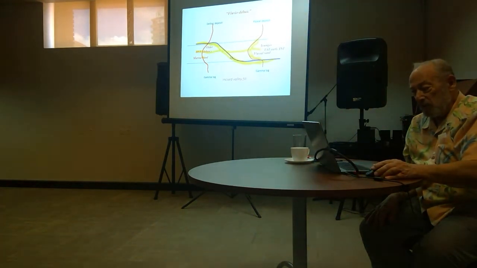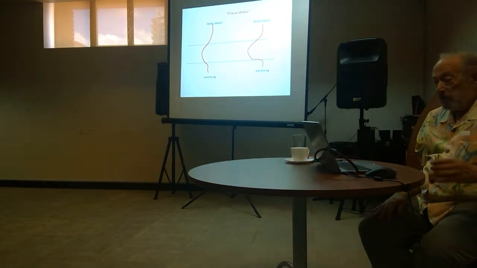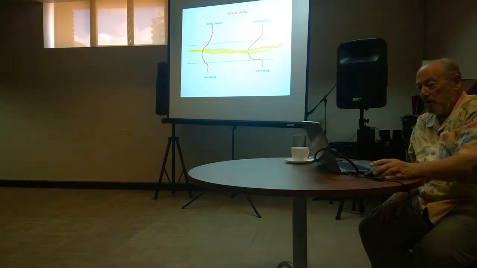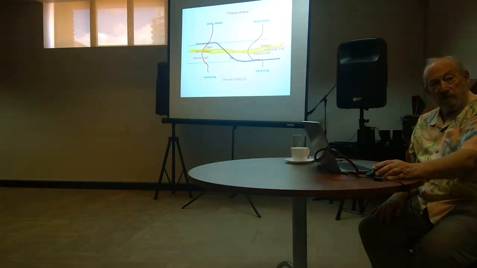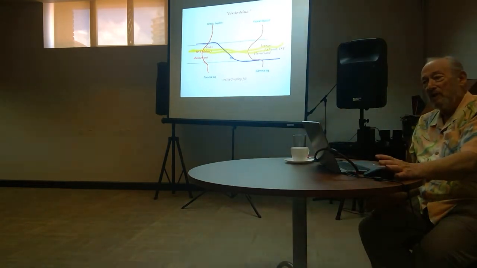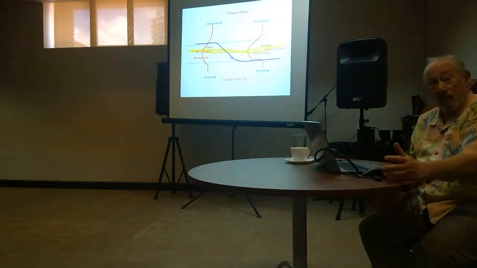Now, if you went back to this old interpretation, you'd say, well, the sands are continuous, so we get good connectivity across here. By this interpretation, you don't. You have a barrier here that is preventing migration or connectivity. These are all the things you've got to know when you're working on fluvial deposits if you want to maximize your production in those types of deposits, which are quite common.